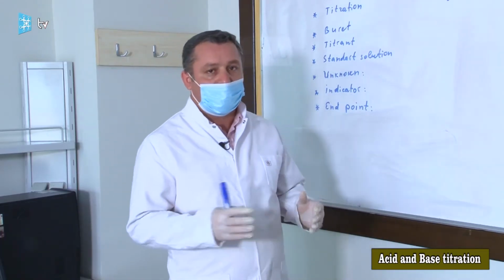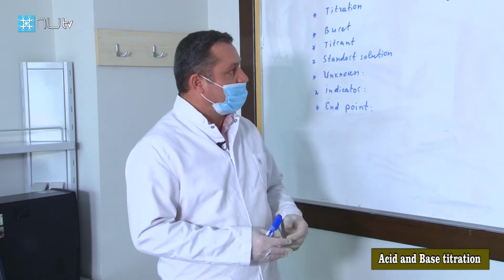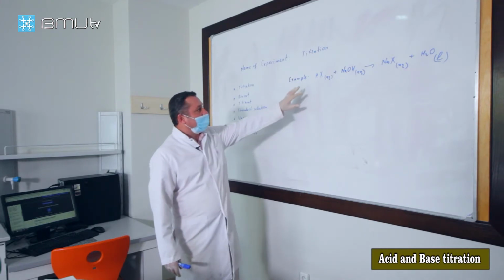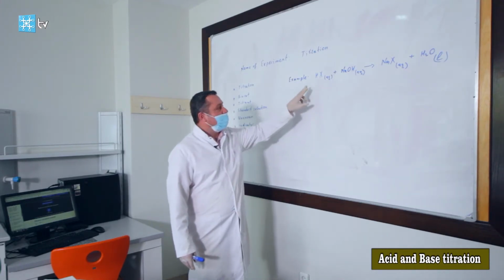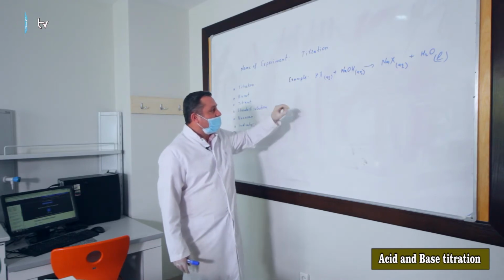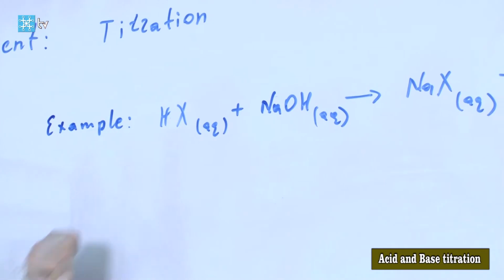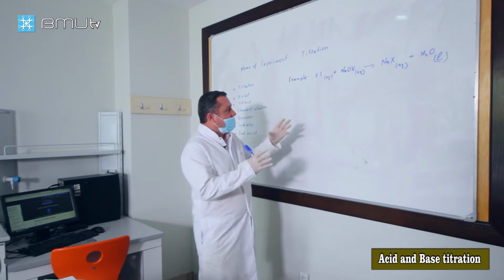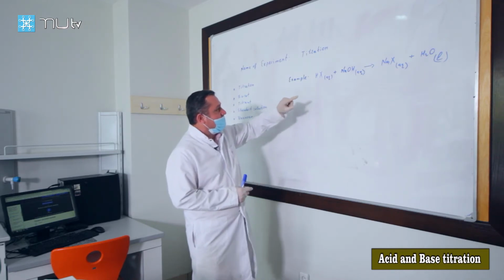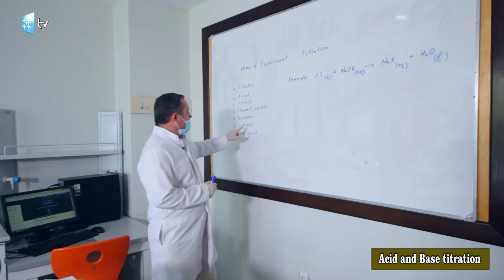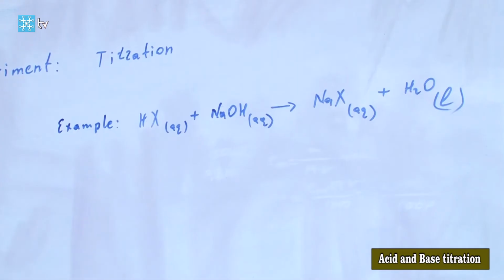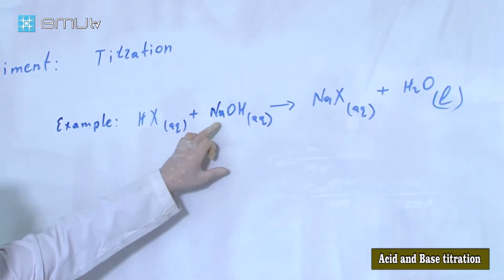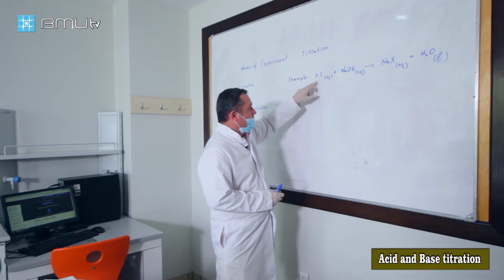Assume that we apply the titration process to a neutralization reaction. Assume that the unknown sample is a monoprotic acid. We dissolve it in water and make the solution, but we don't know the exact concentration of this solution. After that we add a few drops of the indicator phenolphthalein, and pour sodium hydroxide solution drop by drop from the burette into this solution.